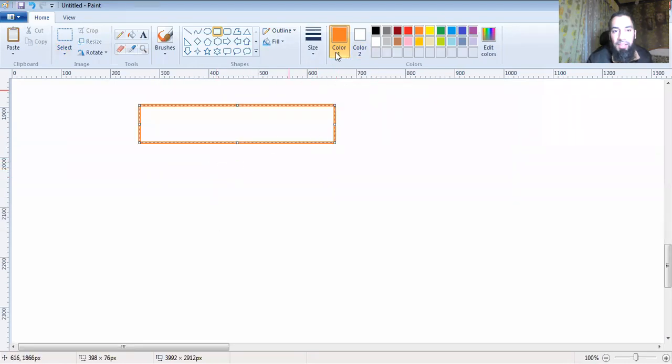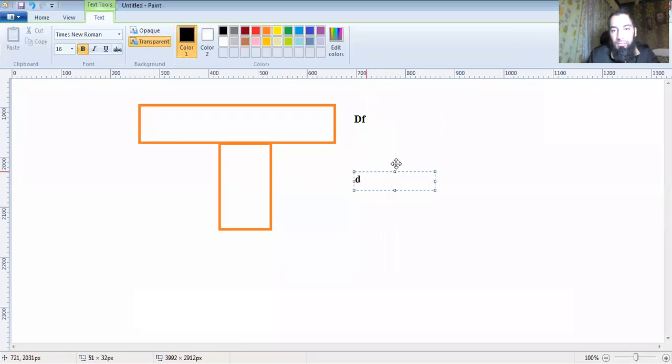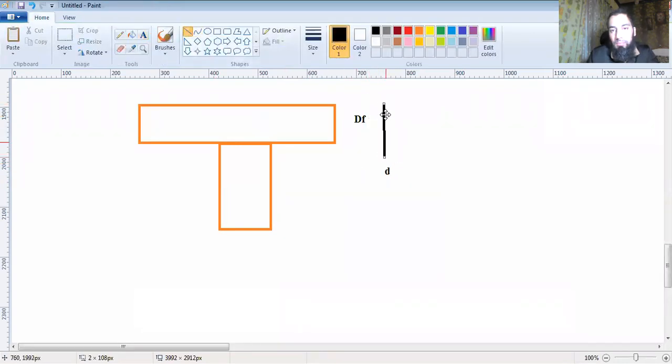Now your section is somewhat like this. It's up till this point.